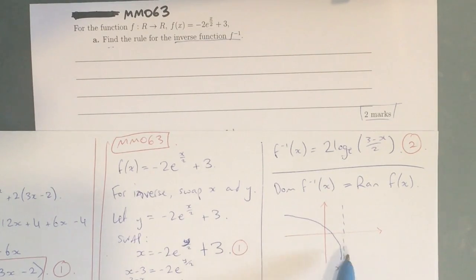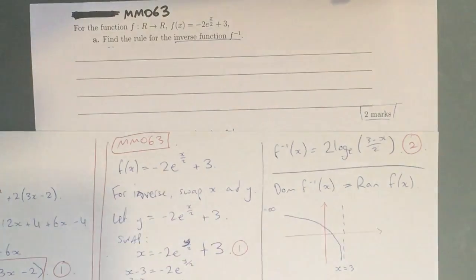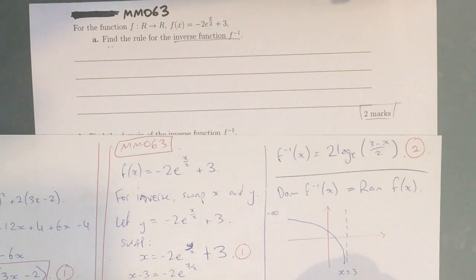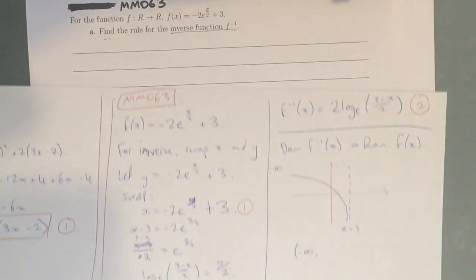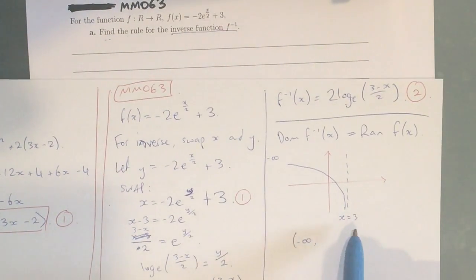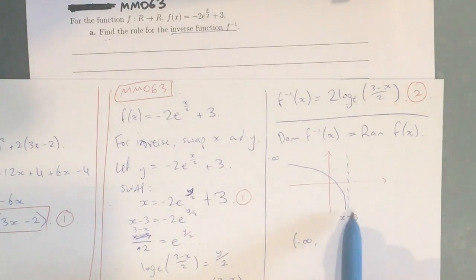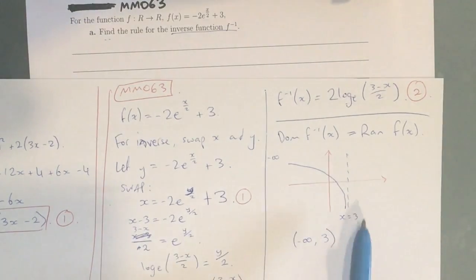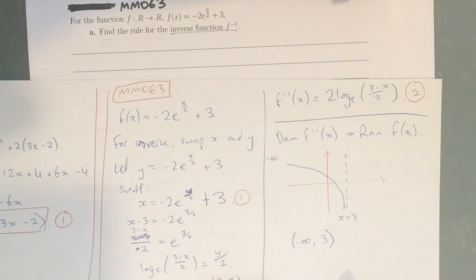So the domain is negative infinity, because this goes forever this way, up to 3, because it never actually goes past 3. Make sure you always have circle brackets for infinity, and a circle bracket for this asymptote, because it never actually reaches it, so it doesn't include that.